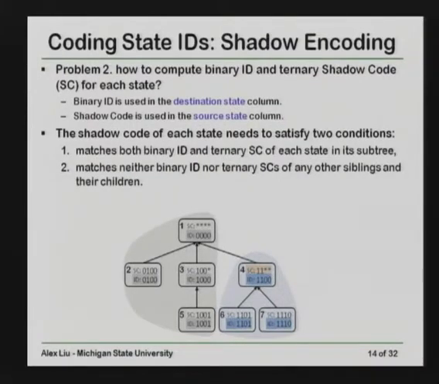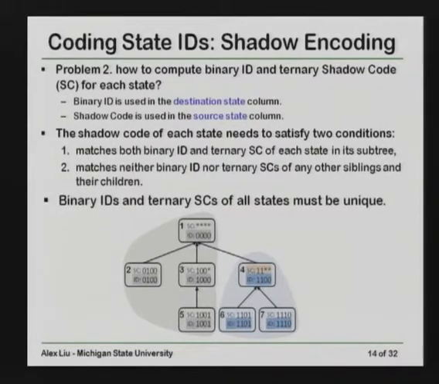Another property is that the shadow code of every state doesn't match any binary ID or ternary shadow code of any other siblings and their corresponding children. Basically, we don't want an entry to be accidentally matched by another state that's not correct.